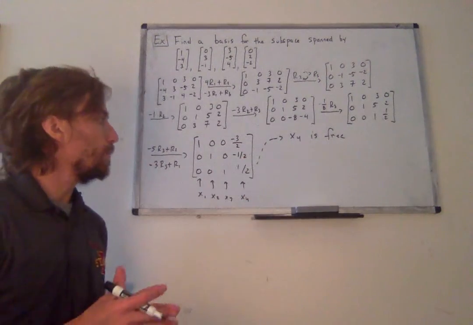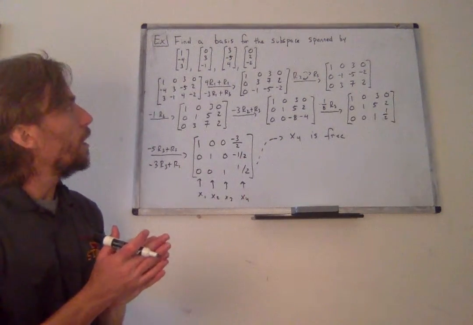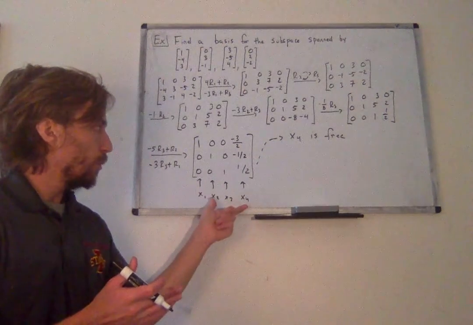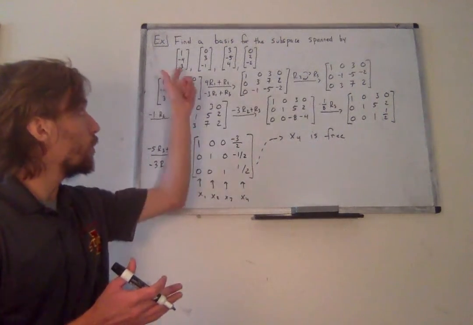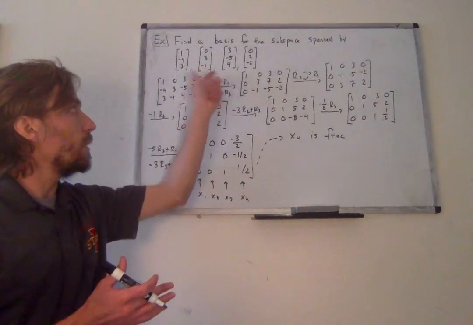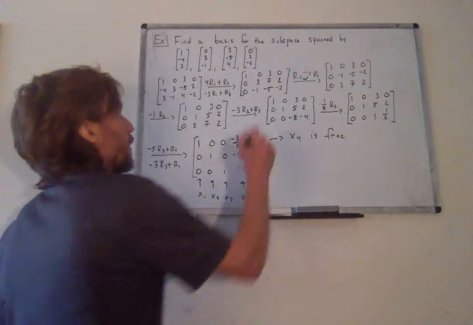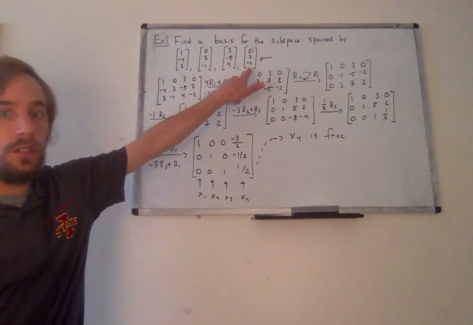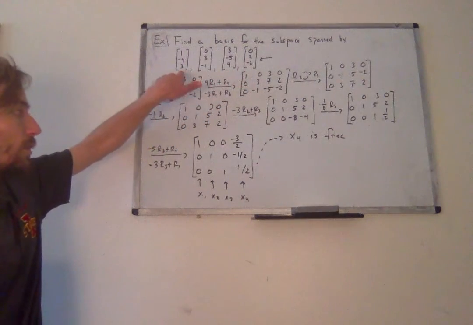So x4 is free. What that means, if you remember that each of these variables corresponds to a scalar multiplied by one of these vectors, is that this vector here can be written as a linear combination of the other 3 vectors.